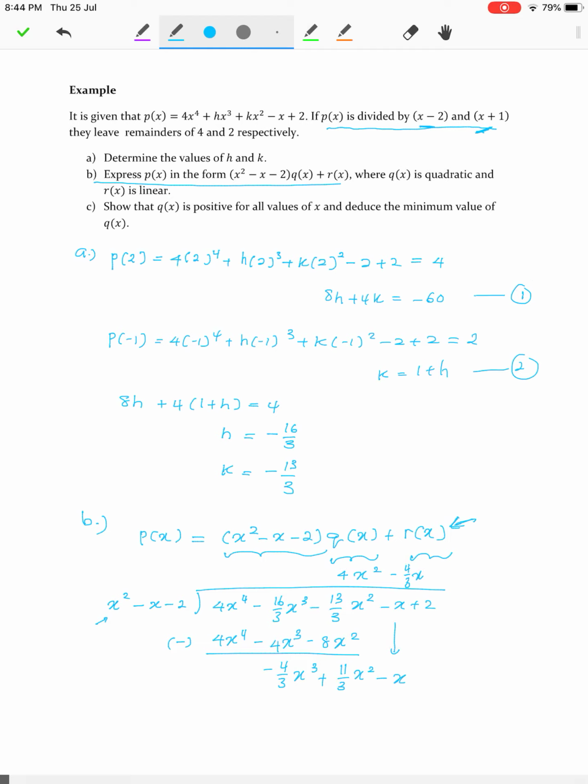So you're going to have the same value here, which is negative 4 over 3 x cubed plus 4 over 3 x squared plus 8 over 3x.